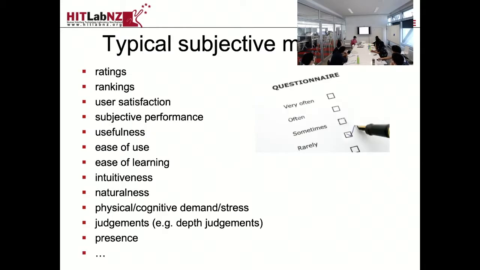On the other hand, these types are the subjective measures: rating, ranking, and using surveys, usefulness, ease of use, ease of learning, naturalness, presence. Those kinds of items we regard as subjective measures.